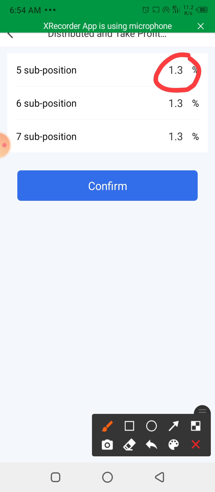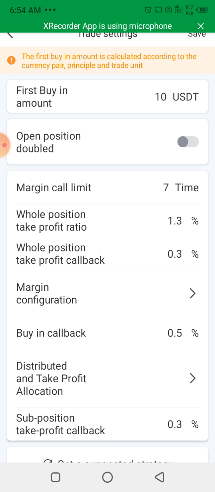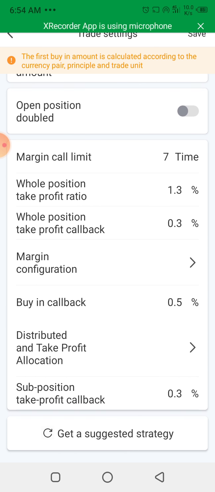I hope you get this concept. It's very important. It will help you to set your trade very well. Okay. So I don't know if I'm missing any other thing in this trade strategy setting. So that's basically how it works.